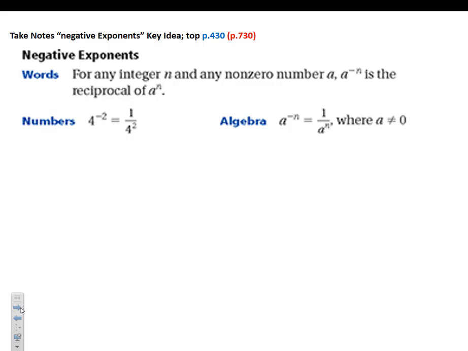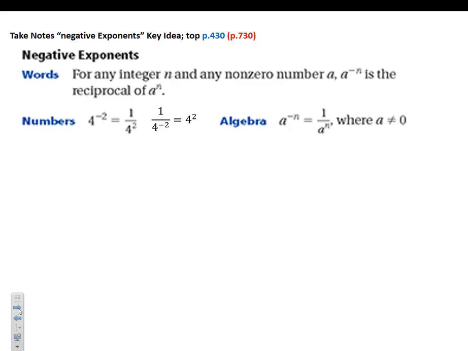You also need to know that what if that negative exponent is in the denominator? Like if I have 1 over 4 to the negative 2. Well, you take the reciprocal and make it positive. And the reciprocal of 1 over 4 to the negative 2 would be 4 to the 2 over 1, which is just 4 squared. And of course, if you had to finish that, we would get 16.